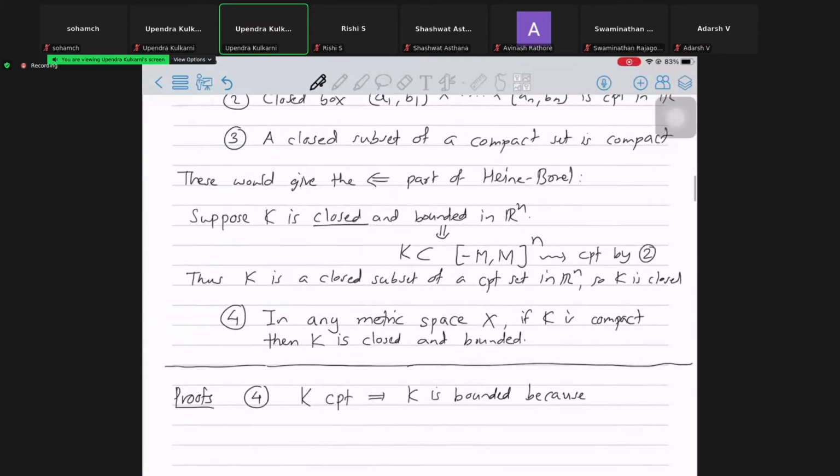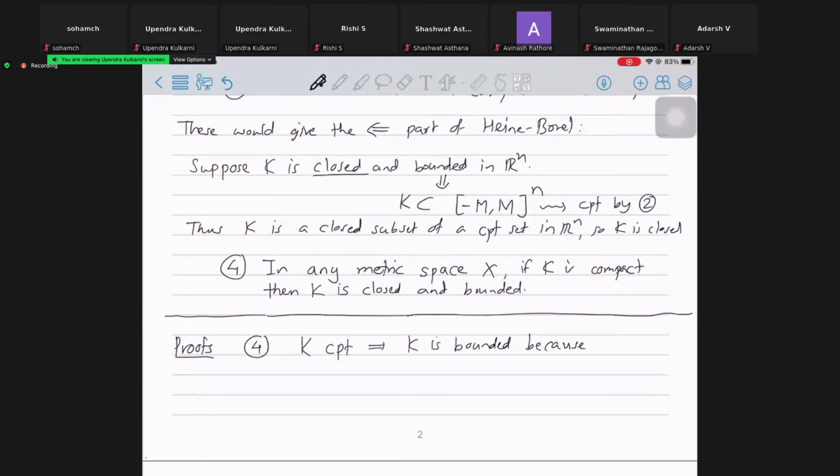So let's write some ball which K is contained in. Correct, exactly. So let's do this.